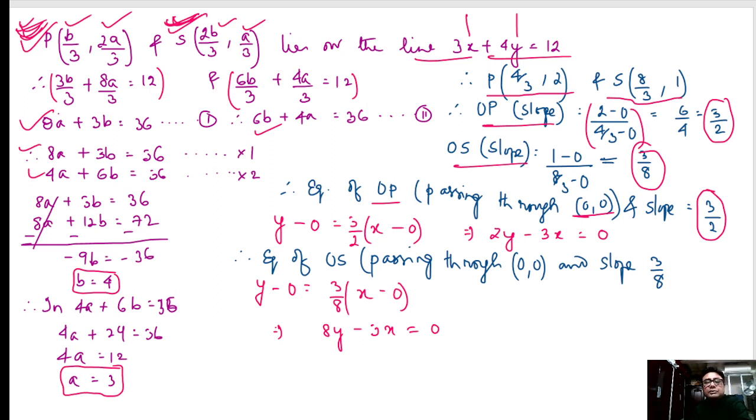So what is the equation? y minus y1 is m into x minus x1, so this is the equation of OP. Similarly, OS passes through O and its slope is 3 by 8, so again y minus y1 is m into x minus x1, so we get the equation of OS. This is what we were supposed to find.